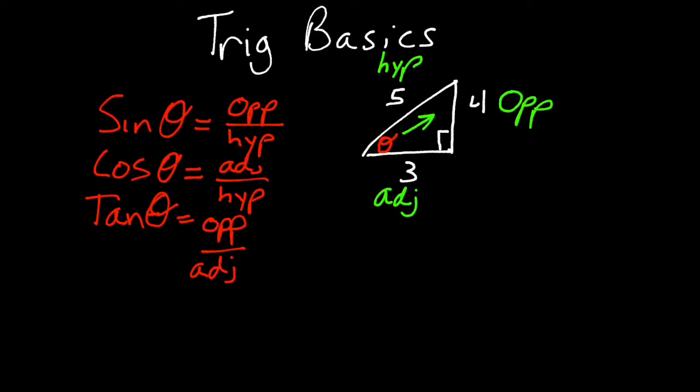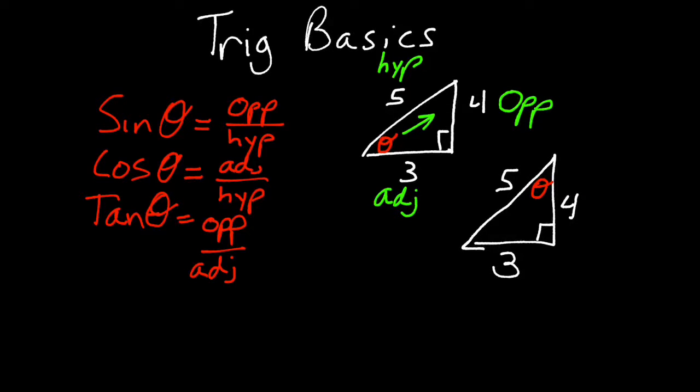Now, let's say we took a different angle. Let's say instead of this angle down here, I'll recreate this triangle real quick. Okay, 3, 4, and 5. There's my right angle. Let's say this time we were trying to use that angle up there. There's my theta.